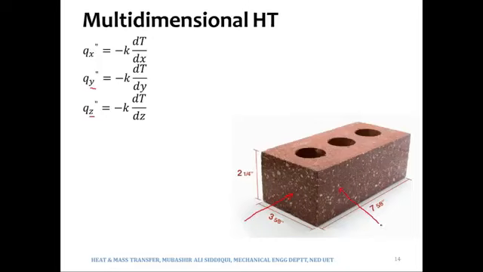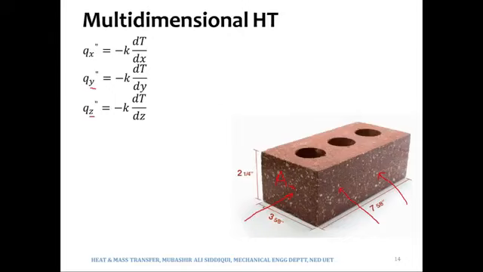So when we consider Q in the y direction, the area normal to the heat flux is in fact 7 by 2. So Ay is not the same as Ax. And you would have realized that Ax does not have x in it.